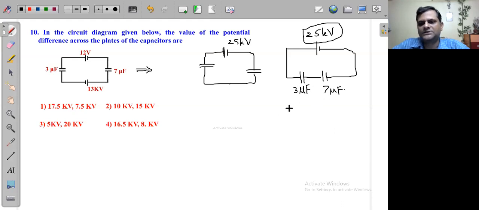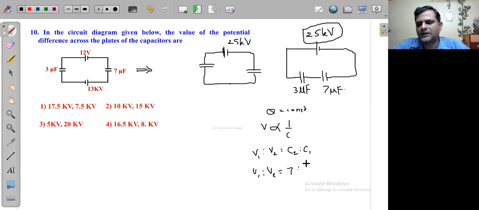We already have seen that when the capacitors are connected in series, the charge remains constant, right? Charge is going to be constant, and that's why since charge is constant, V is inversely proportional to C. That means the potential V1 is to V2 is actually going to be C2 is to C1. And that means V1 is to V2 is going to be 7 is to 3, C2 is 7 and C1 is 3.